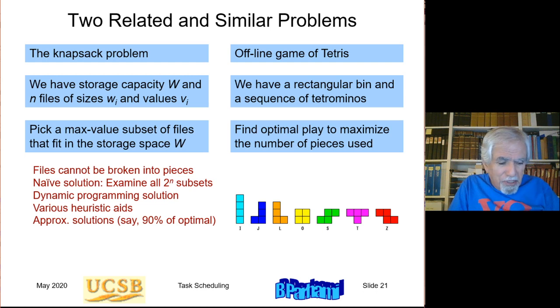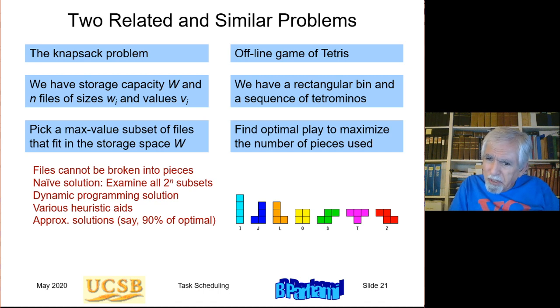This is sort of similar to non-preemptive scheduling, because the problem becomes simpler if you can cut a file into two pieces and then try to fit the pieces in. The naive solution requires you to examine all 2 to the n possible subsets of files. Obviously, that will be very slow. There's a dynamic programming solution to this problem, and there are various heuristic aids.